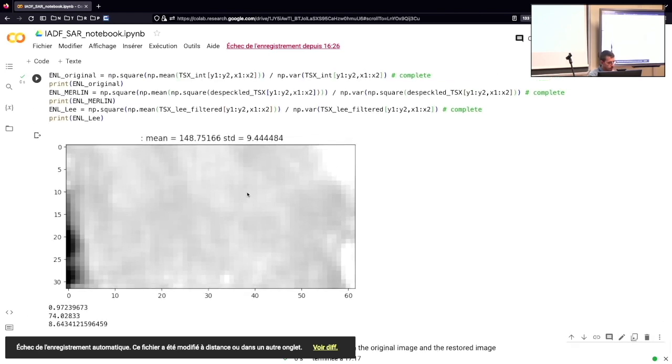Okay, so that's the more or less homogeneous area that I have selected.